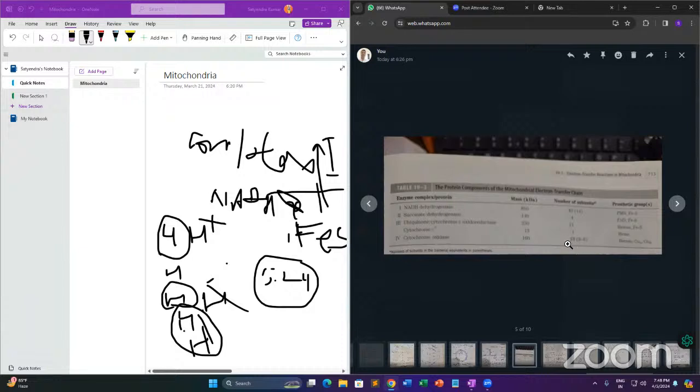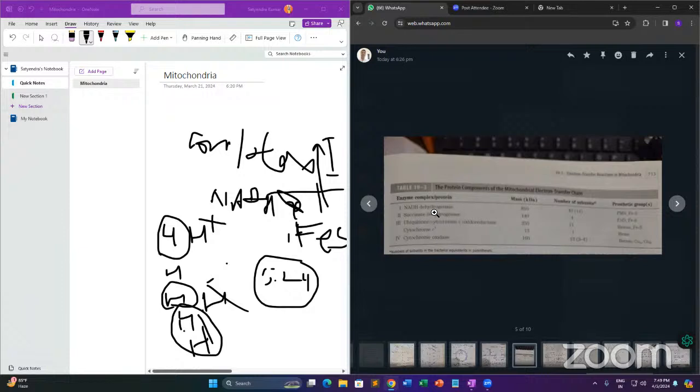Succinate dehydrogenase doesn't have any. So of these 13, NADH dehydrogenase has 7 polypeptide chains of complex first coming from the mitochondrial gene, and the rest, 14, if you subtract it from 43, you will get 37. The 37 polypeptide chains are encoded on the nuclear genome, so it is a kind of symbiotic synthesis.